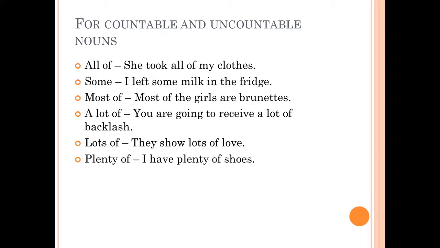Both for countable and uncountable nouns: all of, some, most of, a lot of, lots of, plenty of.